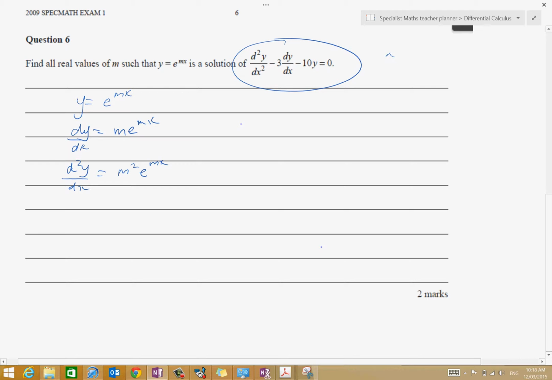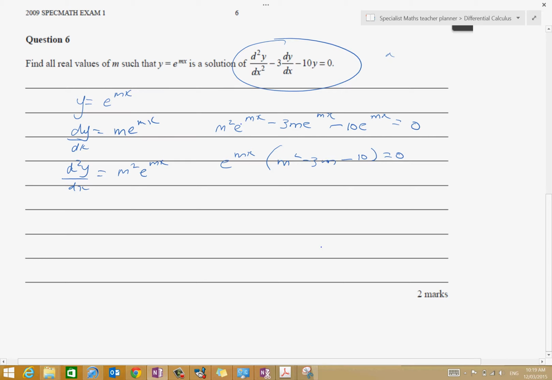It says find all the real values of m such as this. So therefore we're going to say that m squared e to the mx minus 3m e to the mx minus 10e to the mx is equal to 0. Now I'm going to take e to the power of mx as a factor: m squared minus 3m minus 10 is equal to 0.